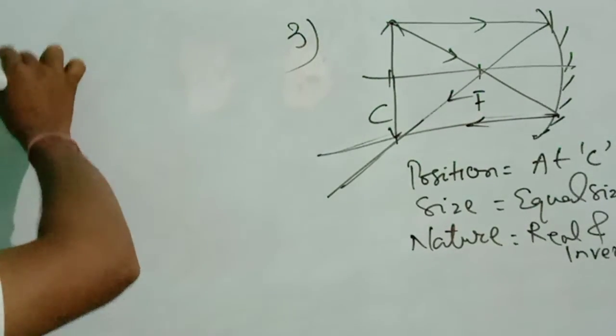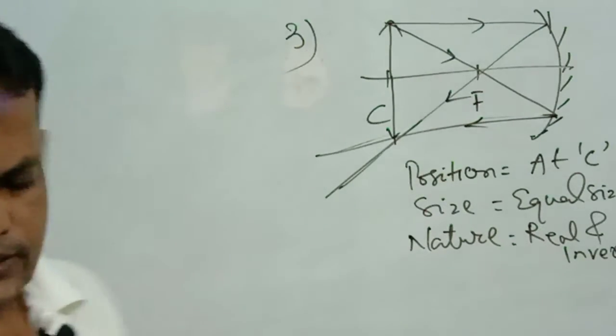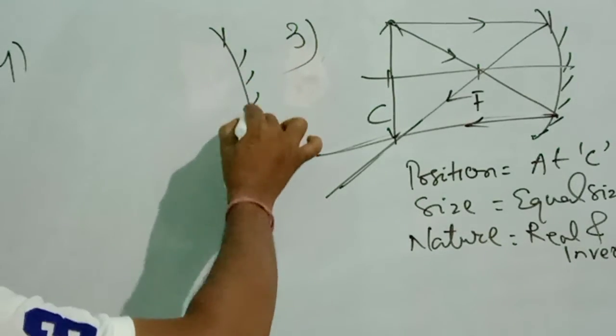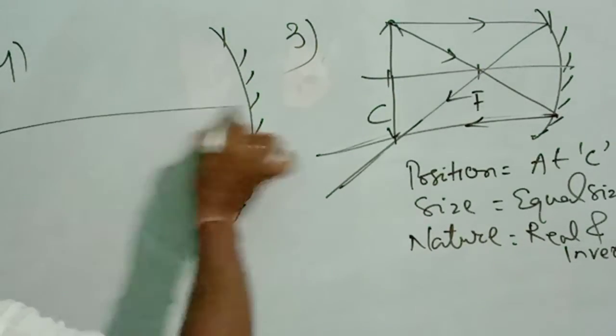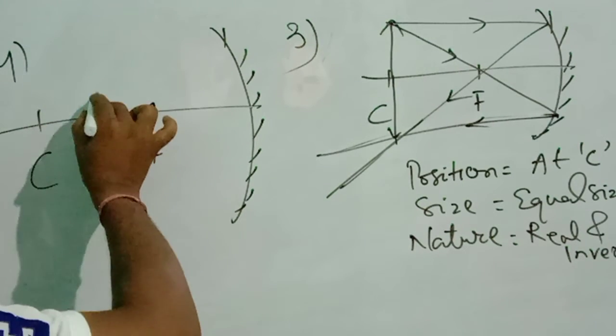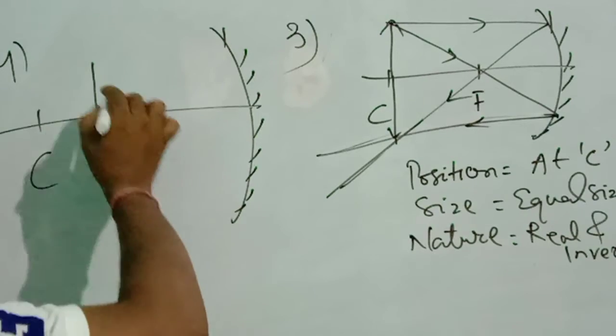Next come to number 4, between the focus and the center of curvature. In this case, this is your focus, this is your center of curvature, and the object will be here, between the center of curvature and the focus.